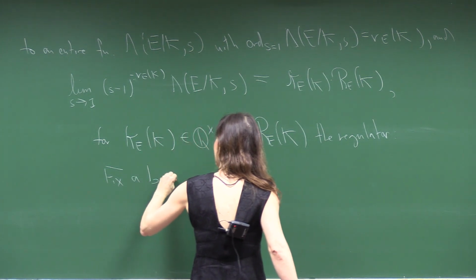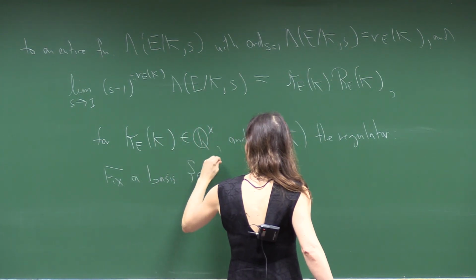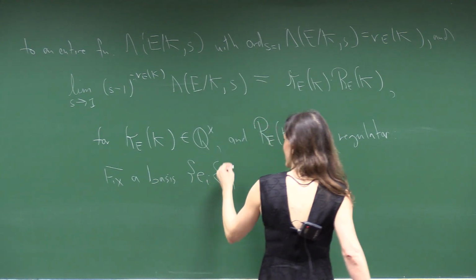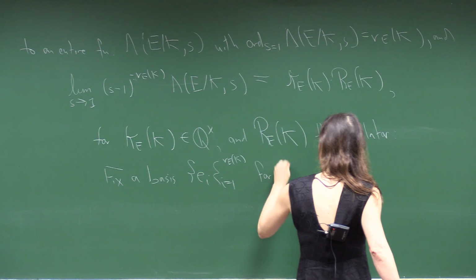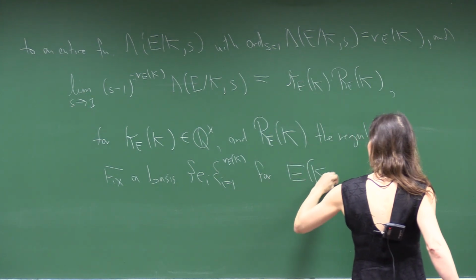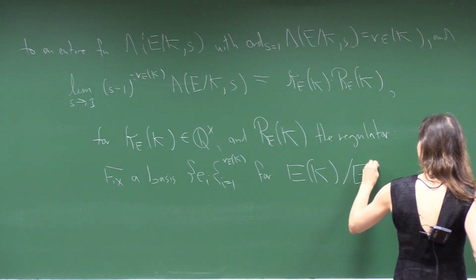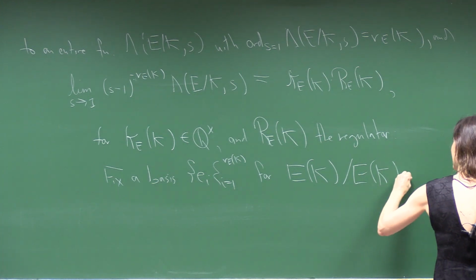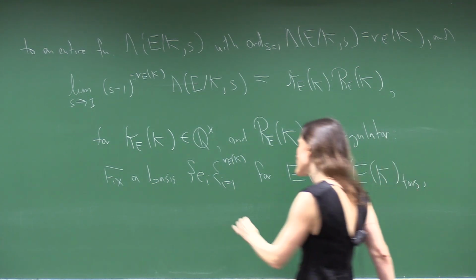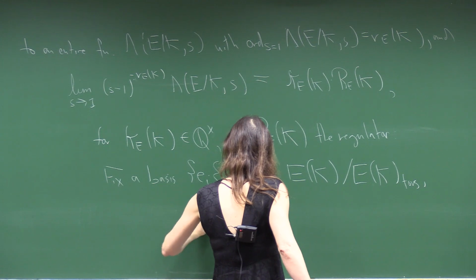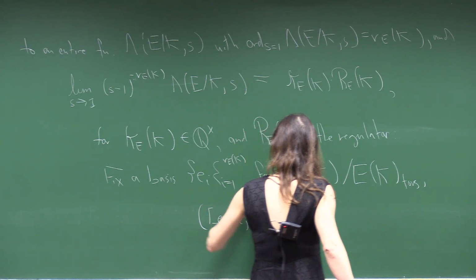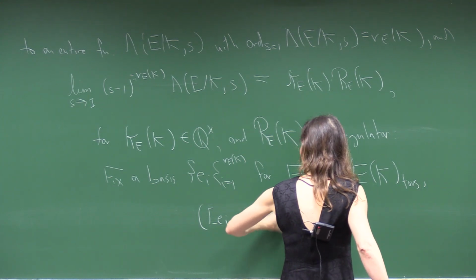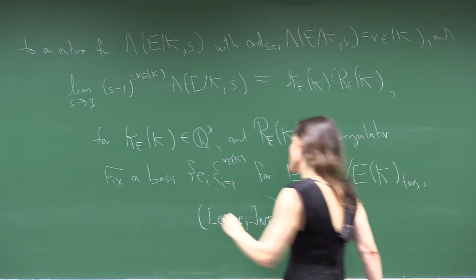You fix a basis E1 for the group modulo the torsion points, and you consider the matrix, first of all, given in terms of the Néron-Tate height pairings of the various basis elements, and you take the determinant.